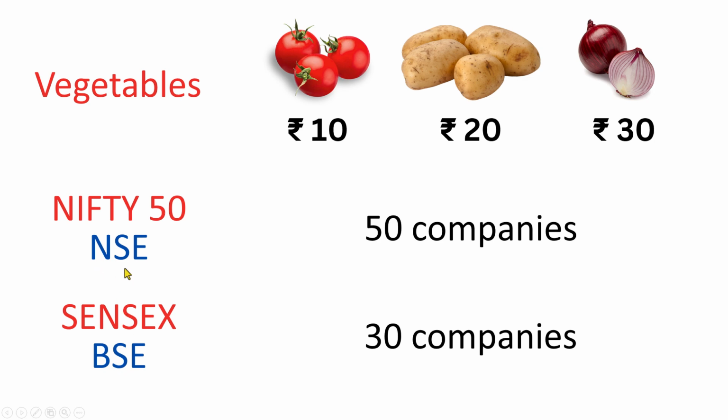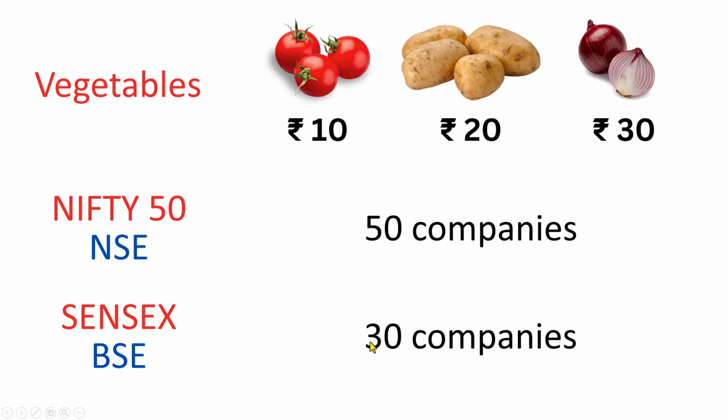So, out of those 2,000 companies, the Nifty 50 gives you an idea of how the price of only 50 companies is moving, and Sensex out of 5,000 gives you an idea of how only the price of 30 companies is moving. Alright. So apart from these companies, there are various other companies also which might be doing really good or bad.